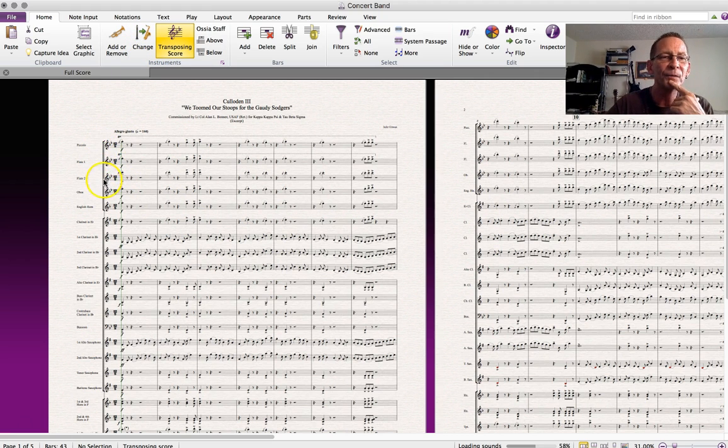You've got these brackets that contain, most of the time, the same type of instruments, like wind instruments or brass instruments, or things that are doing specific types of harmonies together.